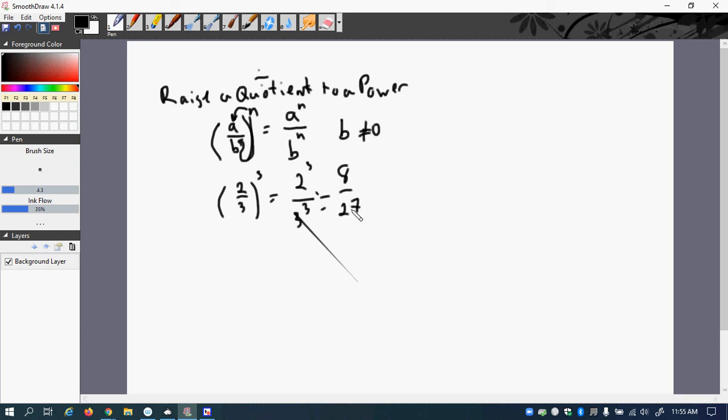Okay? And let's take a look at with variables. Let's say it's a over b, and that's to the power of 9. Well, that would just mean that the 9 goes to the a and the b. So that's a to the 9th over b to the 9th.